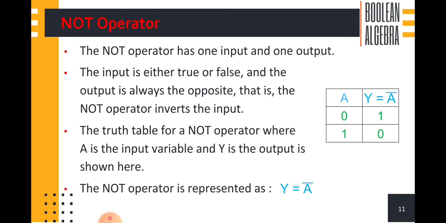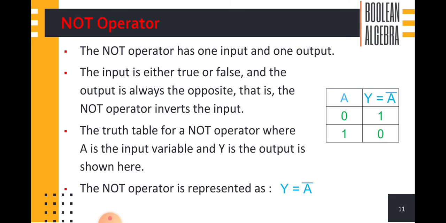The input is either true or false and the output is always the opposite. The NOT operator inverts the input. So if we give input 0, we get the output 1. That is inversion, complement. If we give input true, we get the output false. The truth table for a NOT operator, where A is the input variable and Y is the output, is shown here.